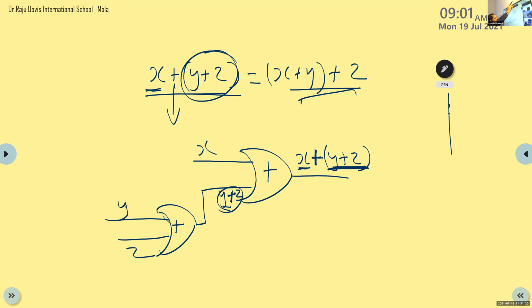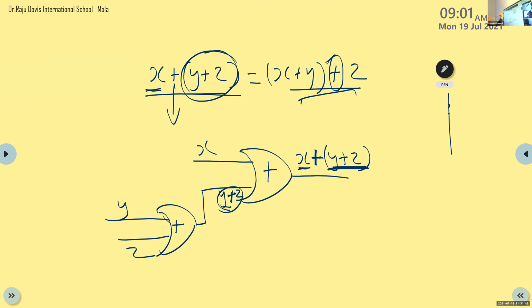X plus y plus z. So here again plus is the common operator.